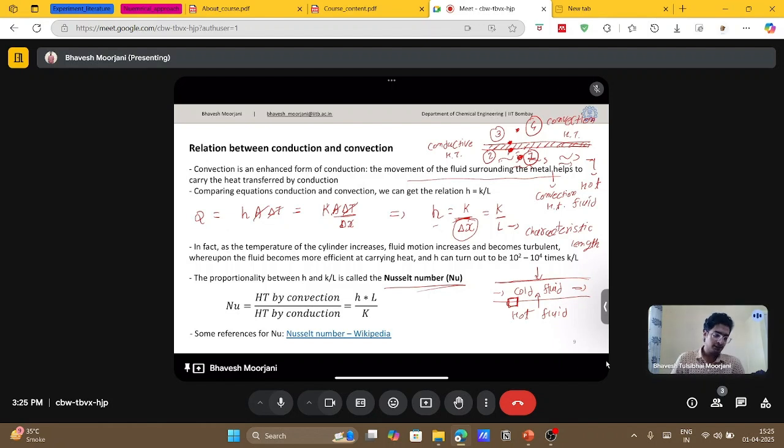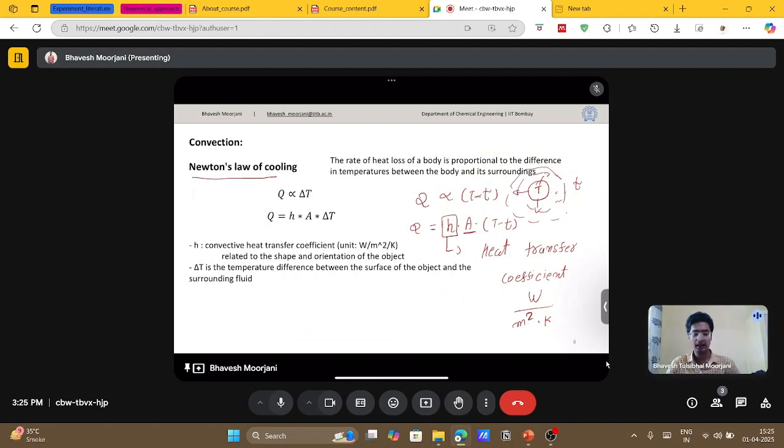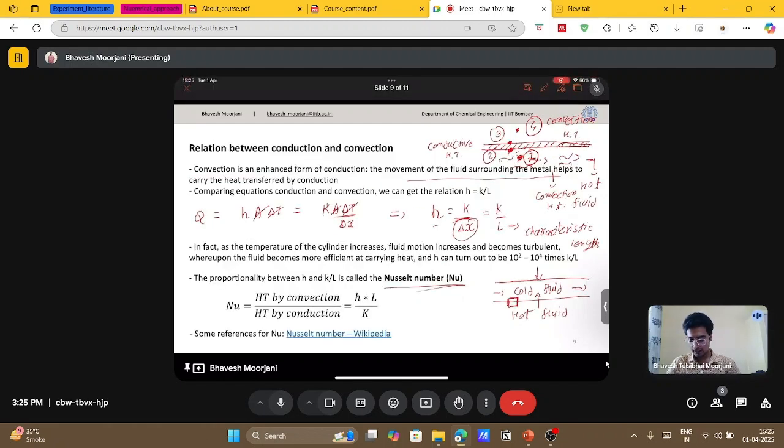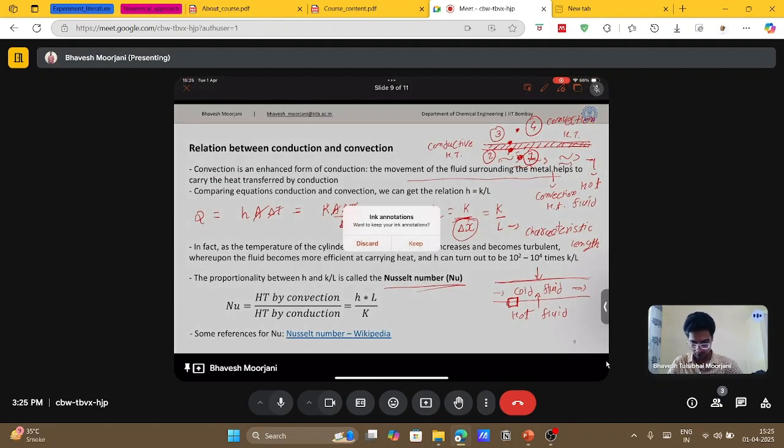So this Nusselt number helps us to identify which mode of heat transfer will be dominant, be it convection or be it conduction. There are some references, I will go to this reference after the explanation part. So how is this quantity useful, how does knowing the Nusselt number help us, right? So one of our aims is to determine the Nusselt number here also.